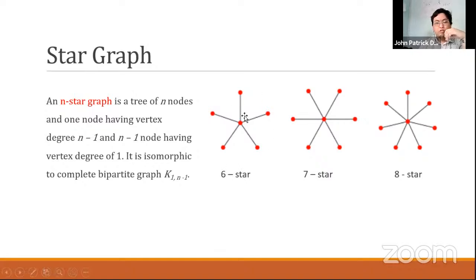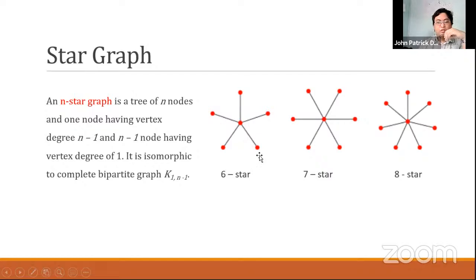So for the star graph, we see the number of vertices is n. We can see the central vertex has vertex degree n minus 1, and the other n minus 1 vertices have vertex degree of 1.